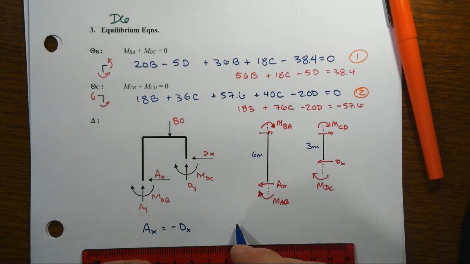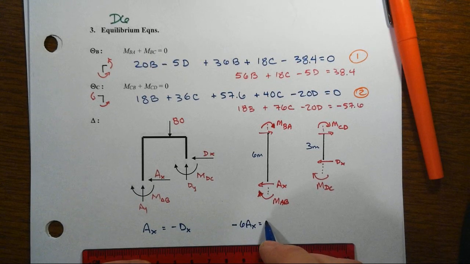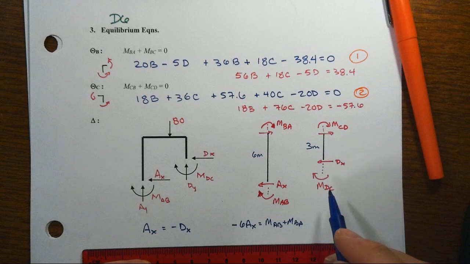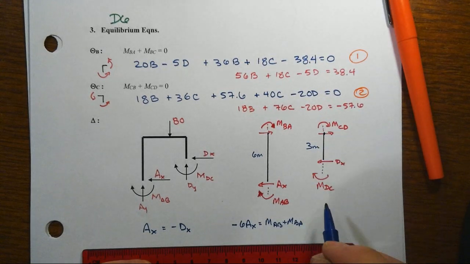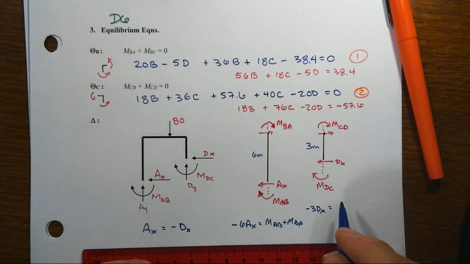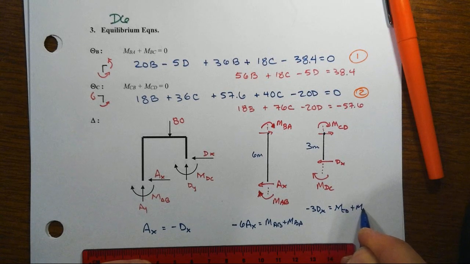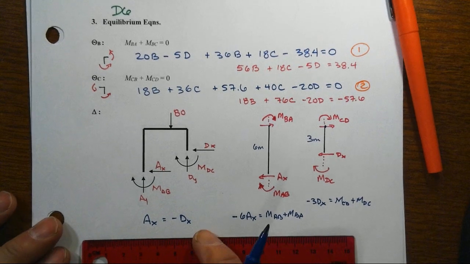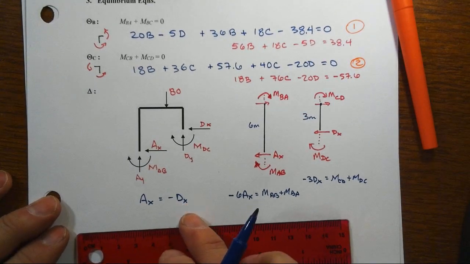So note that that will tell us that minus 6AX is going to be equal to the sum of MAB plus MBA. And for this other one, in a similar fashion, summing moments about the top, we'd find that minus 3 times DX is equal to the sum of MCD plus MDC. Right? Substitute those two into this expression here.